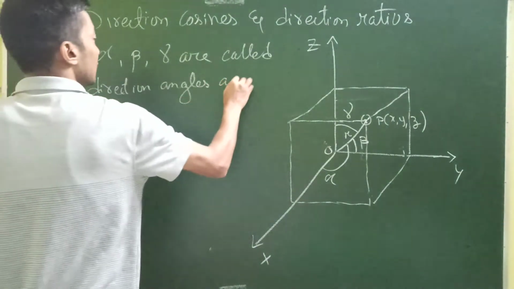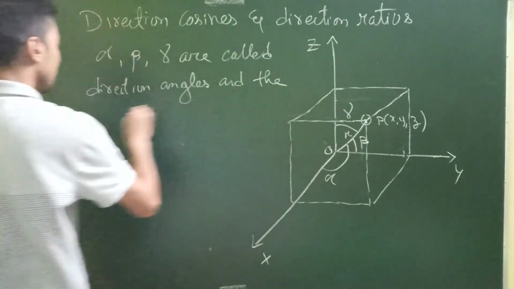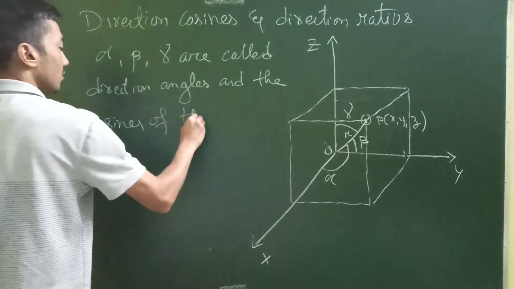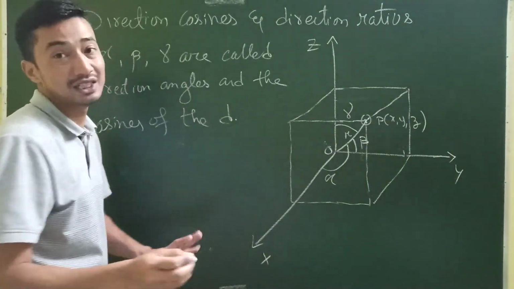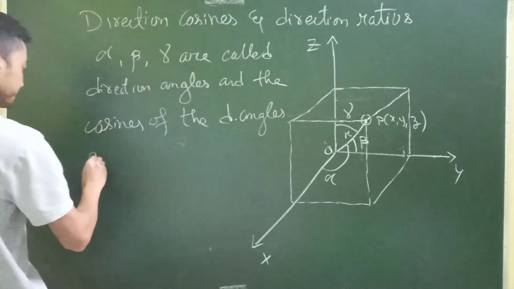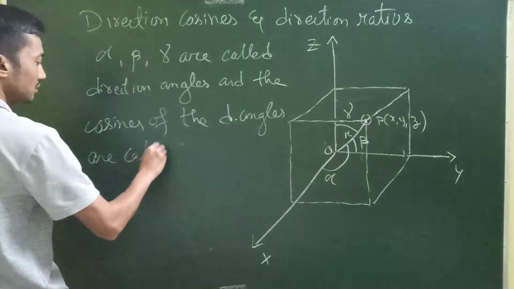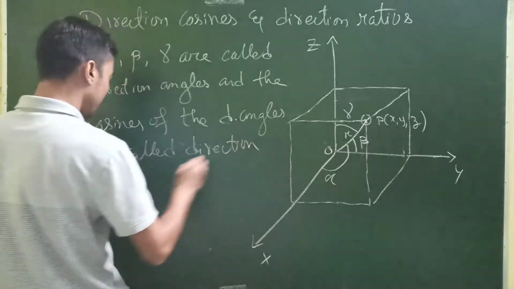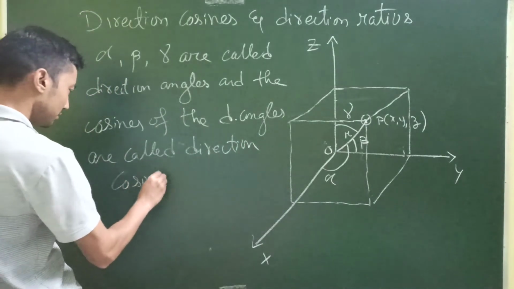Simply, the cosines of the direction angles are called the direction cosines.